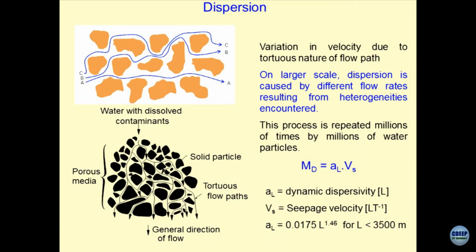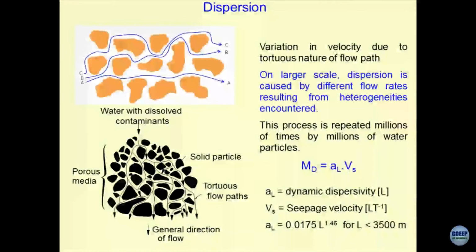So, when we talk about the dispersion, we use the coefficient MD, and this is equal to another coefficient, we call it a dispersion coefficient in the lateral direction multiplied by the seepage velocity. So, AL is the dynamic dispersivity, Vs is the seepage velocity, and AL is a term which depends upon the flow path.